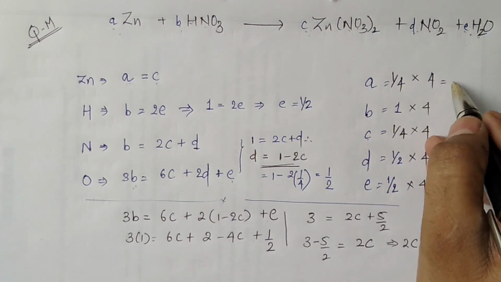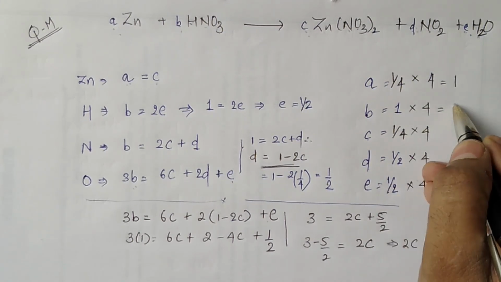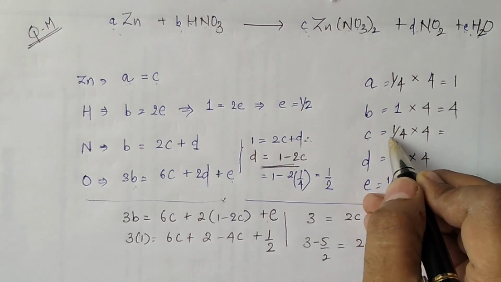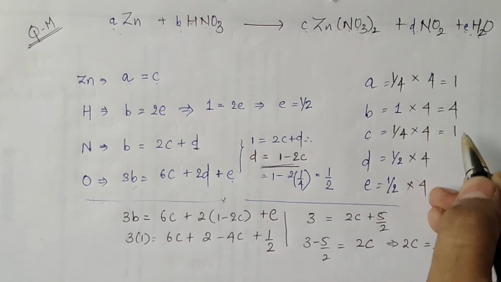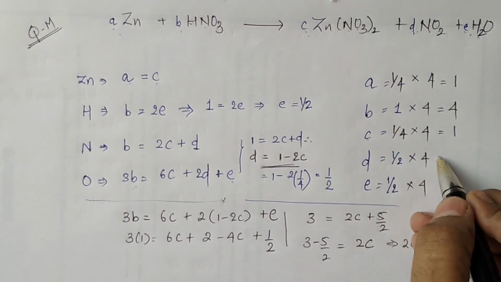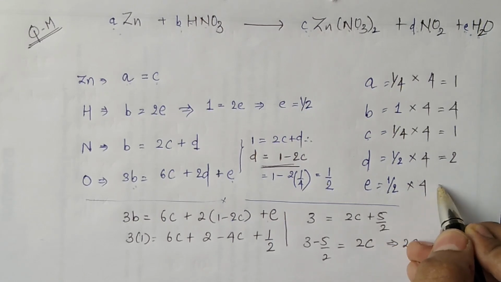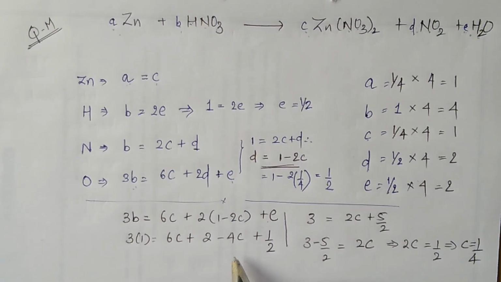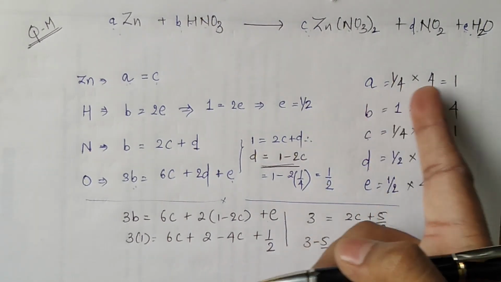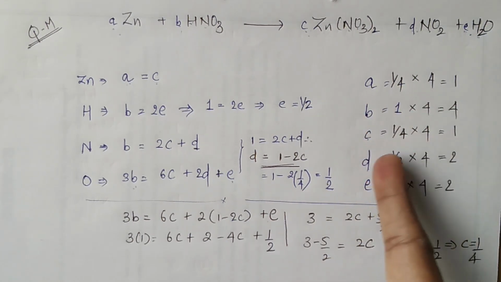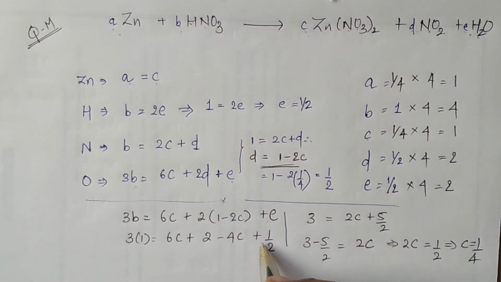So A will be 4 into 1/4, that is 1. C, 1 by 4 into 4, that will be equal to 1. 1 by 2 into 4, that will be equal to 2. 1 by 2 into 4, this will be equal to 2. So now I have the value of A equal to 1, B equal to 4, C equal to 1, D equal to 2 and E also equal to 2.